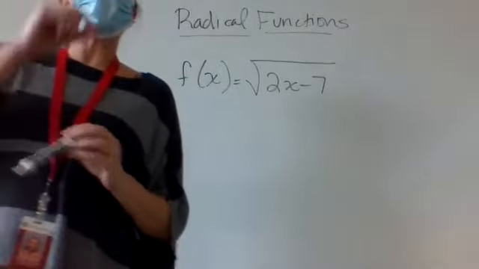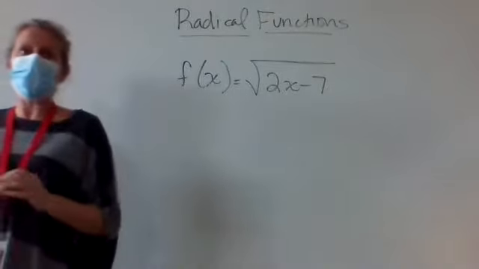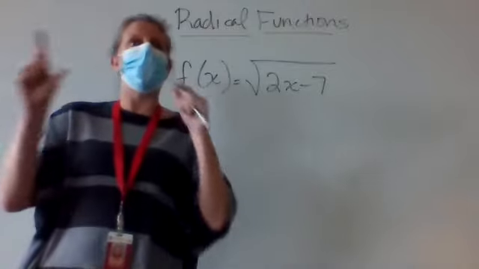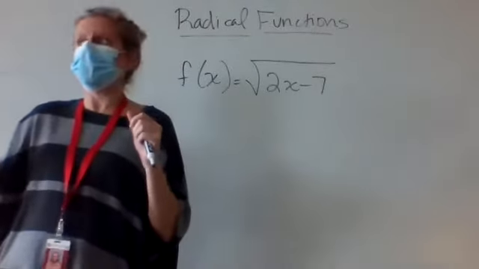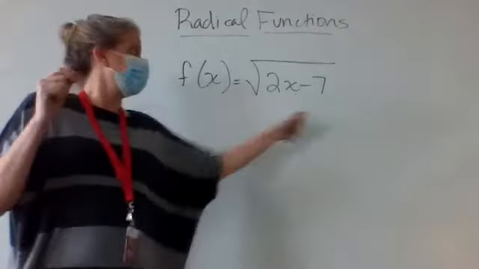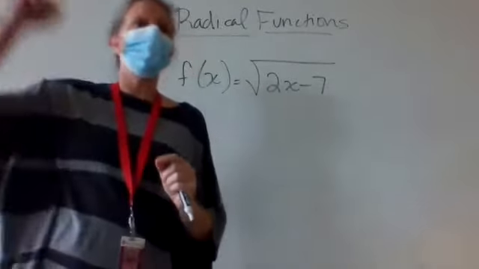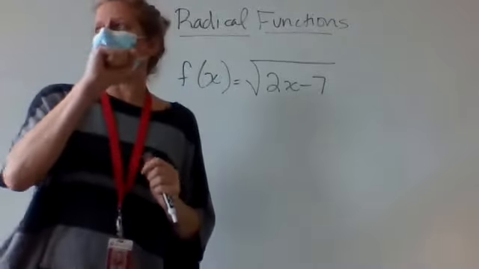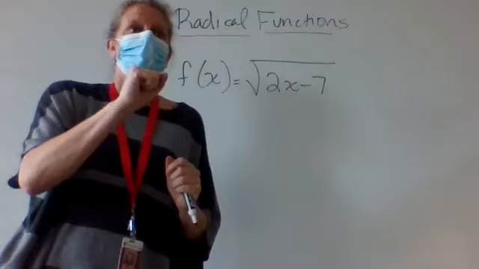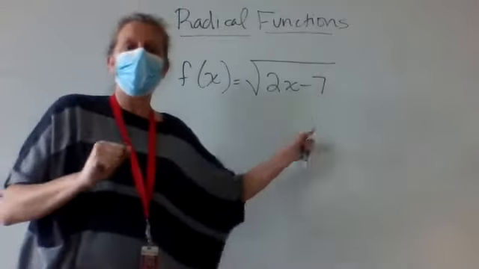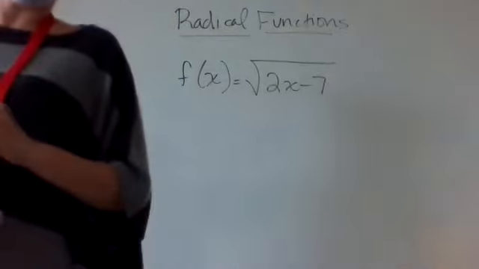If you take the square root of a negative, you're going to get an i in your answer. Remember how some of your quad problems had i's in their answer? That's because underneath the square root ended up negative. And here's the thing with an i, you can't plot that on your graph, right? Where are you going to put it, right? So that's why we're going to have some restrictions here.